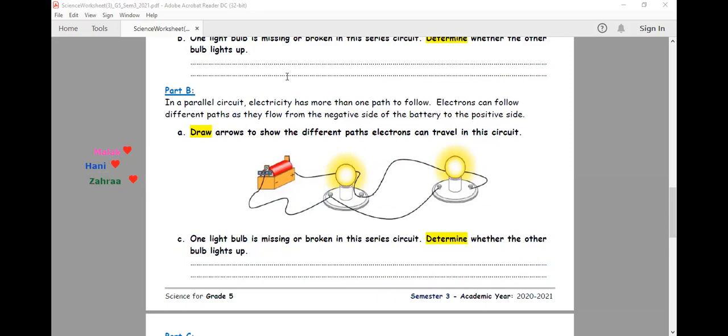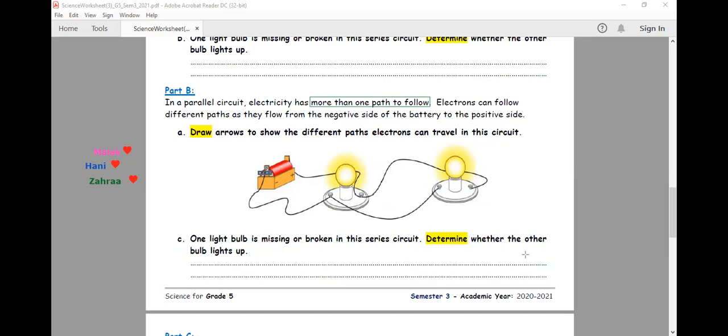In a parallel circuit, electricity has more than one pathway to follow. Electrons follow different paths as they move from the negative side to the positive side of the battery.